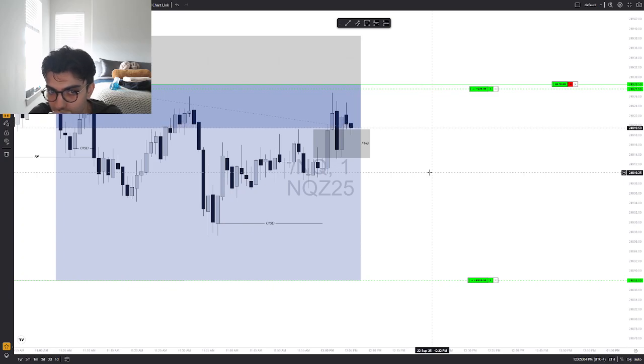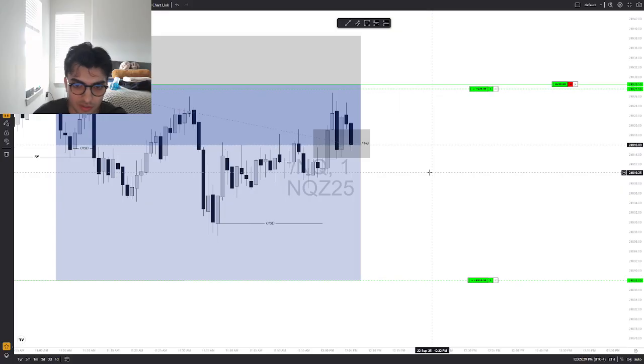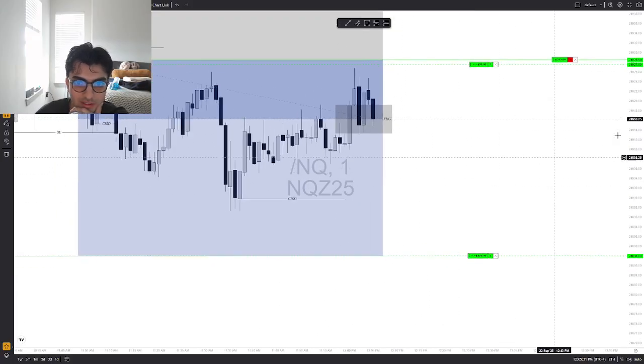See if we can inverse this fair value gap. That'll be some good confirmation bias. Volume really picked up into lunch hour. Like, you see how slow this was and how volatile it is now?